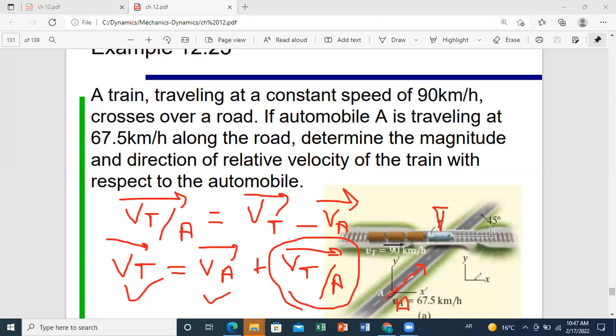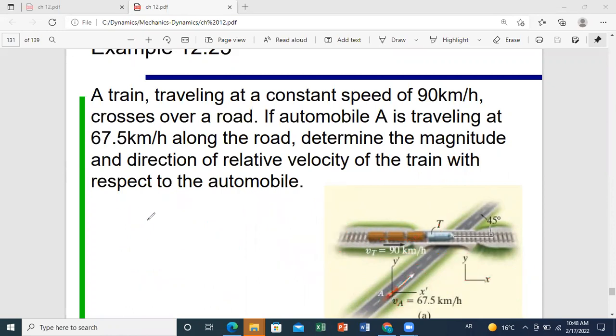The absolute frame is a frame fixed to the road, characterized by unit vectors I and j. All I have to do is express my velocities in this frame. The train is moving horizontally with a magnitude of 90 kilometers per hour, so it's only along I. The velocity of my train is just equal to 90I.